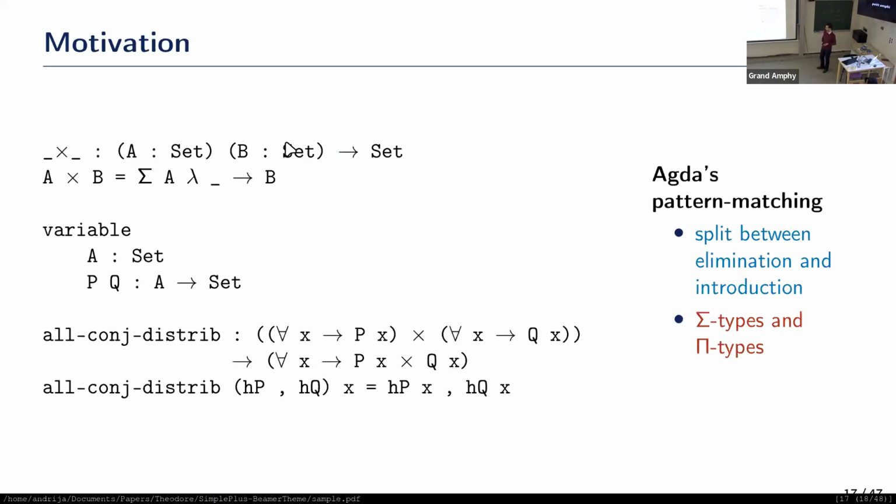In Agda, we can use pattern matching to prove this, but again we use lambda abstractions here, and then for our argument we can pattern match it to its left-hand side and right-hand side.